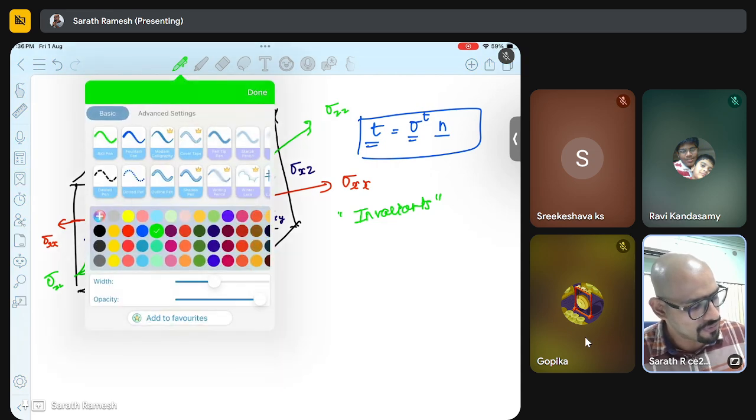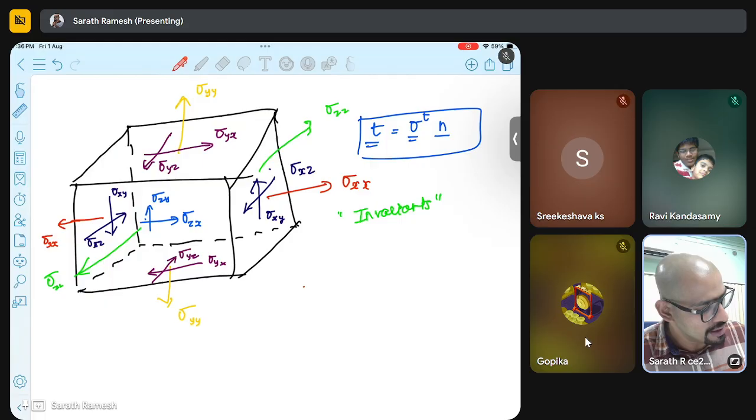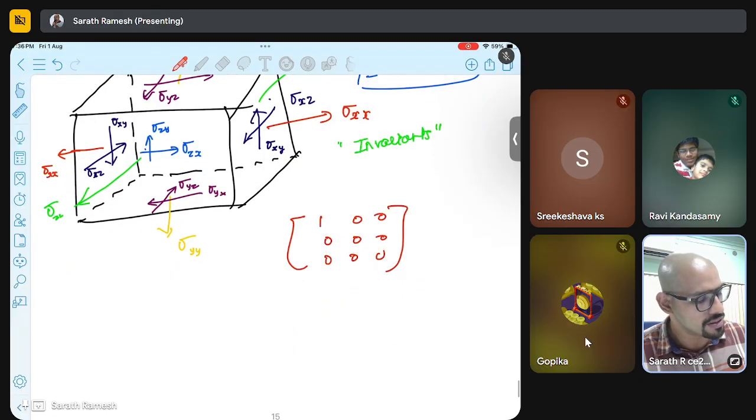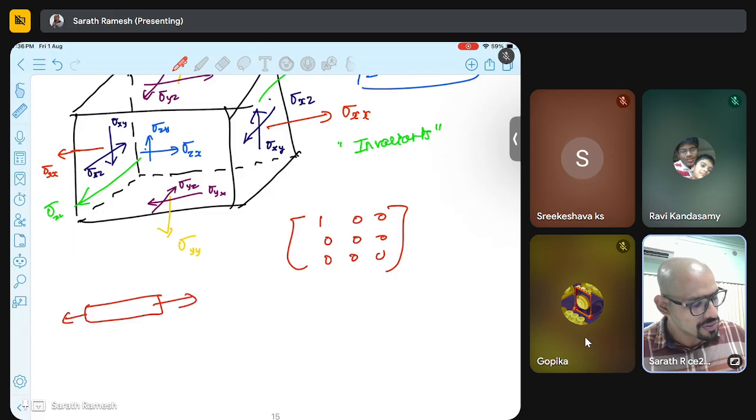Like if I write the matrix with 1 in the first entry and all others 0, this represents a uniaxial state of stress, a bar subjected to force in a single direction, the x direction alone.